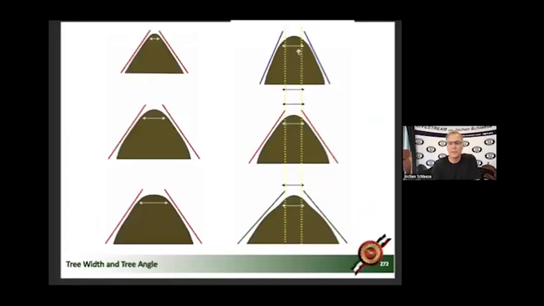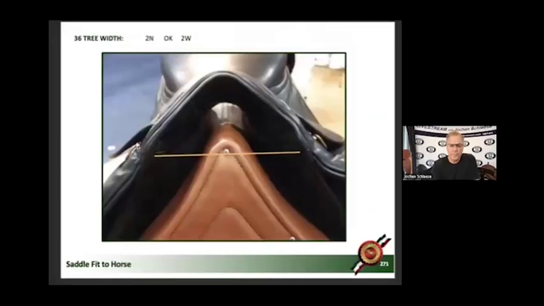I just talked about, see the yellow dotted line here? That's the tree width. Let's talk about the angle. So the angle is below that 5-inch mark I just showed you on the saddle. So from that line down here, 4 inches.